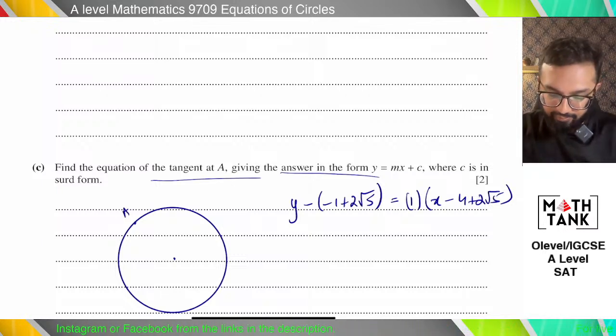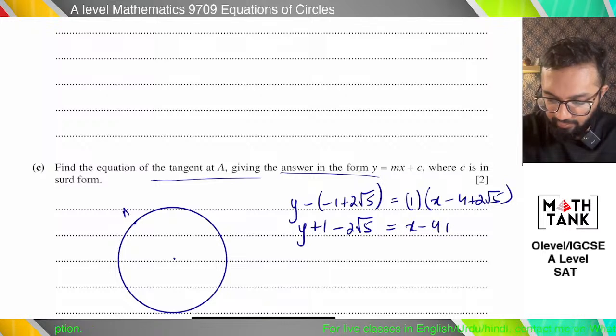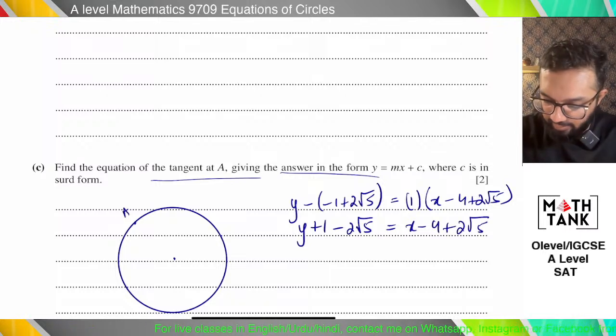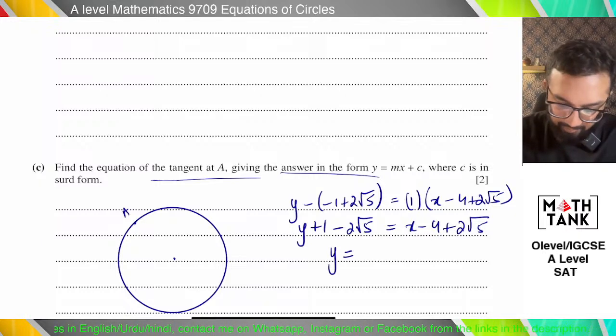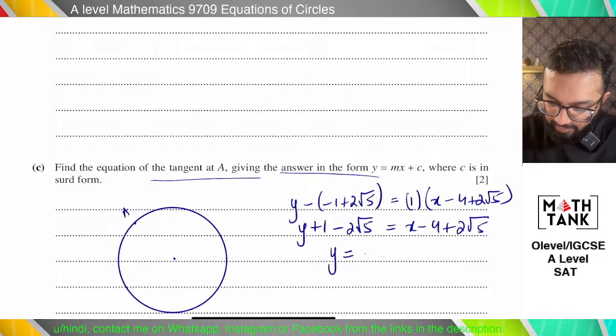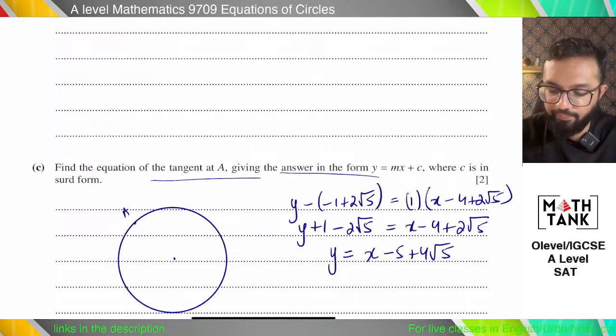Okay, so adding and subtracting will give me y equals x, and I have a total of -5 plus 4 root 5.